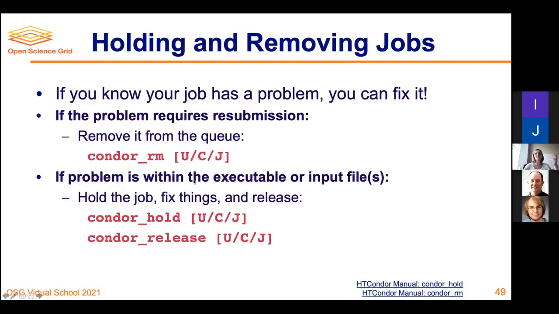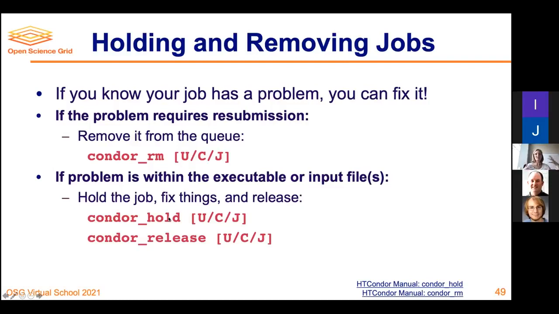But if the problem is not in the submit file and is really just in the executable or within the contents of input files, or if you had the file path right in the submit file but you didn't have the actual files staged yet on the access point, you could hold the jobs, fix the executable and input files in place, and then release them to run.